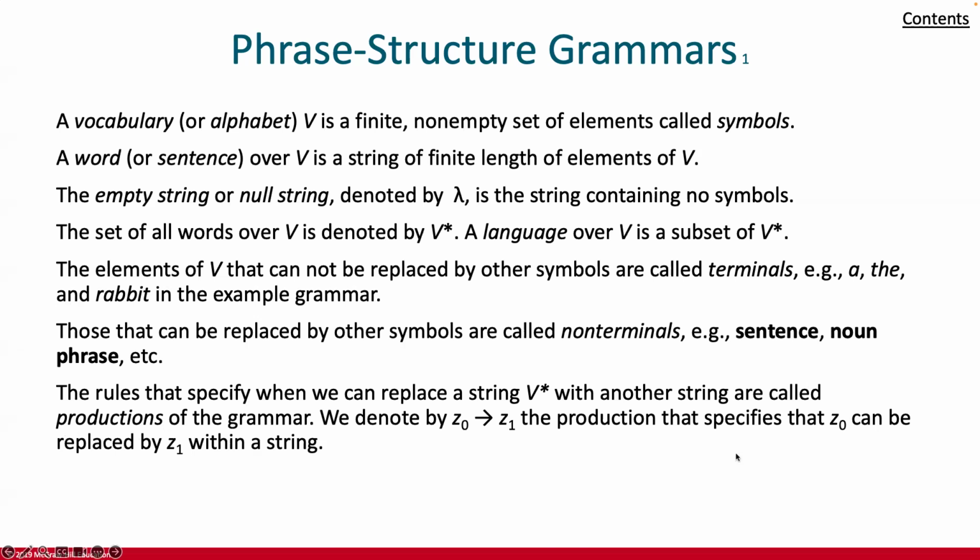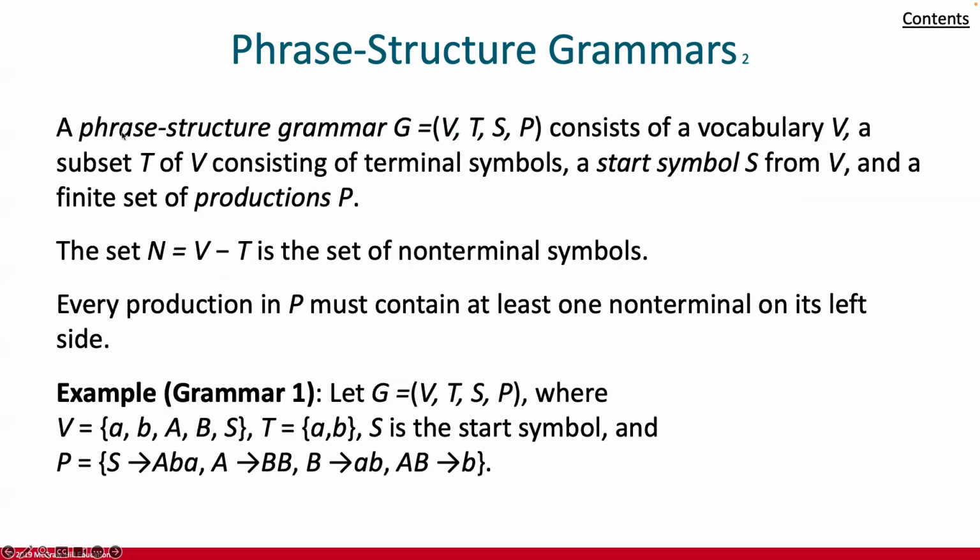Those are just some things to be thinking about here. A phrase structure grammar G equals (V, T, S, P) consists of a vocabulary V, a subset T of V consisting of terminal symbols, a start symbol S from V, and a finite set of productions P.